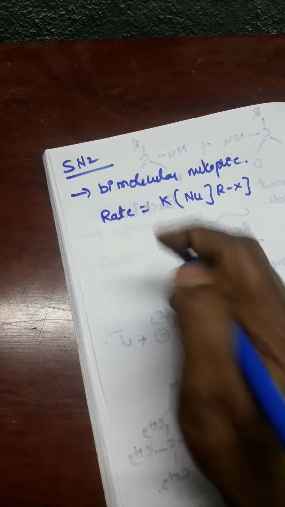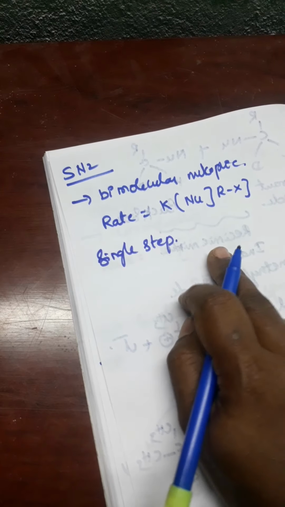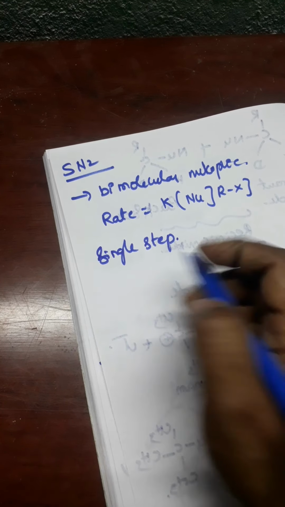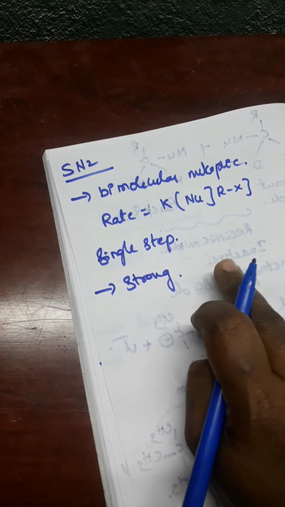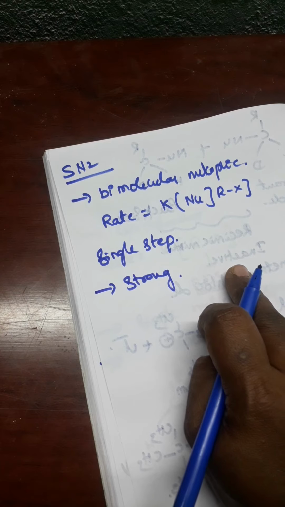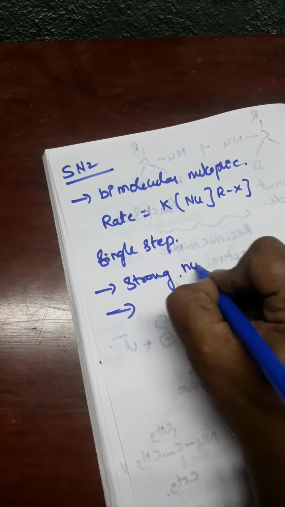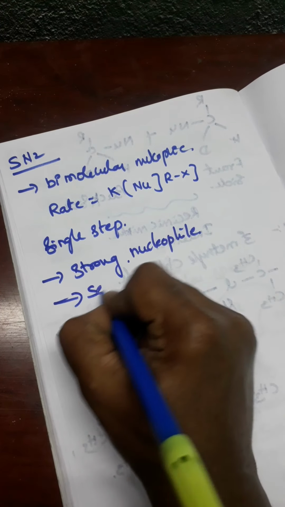See, this is a single-step mechanism by the reaction coordinate. Hence, it is a strong nucleophile. They attack directly. So this is a single-step reaction, and this is a second-order reaction. Strong nucleophile and second-order reaction.